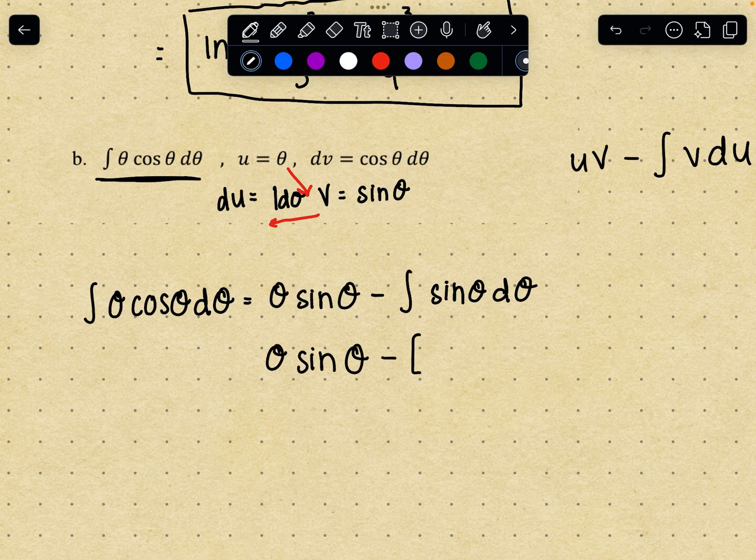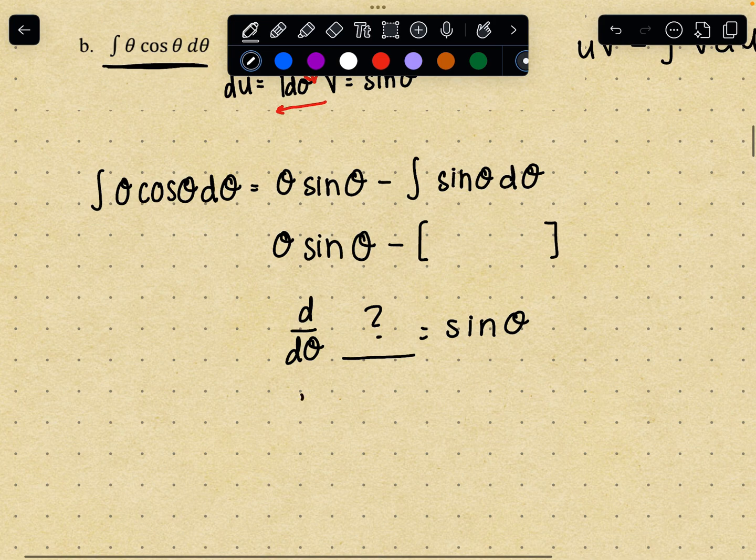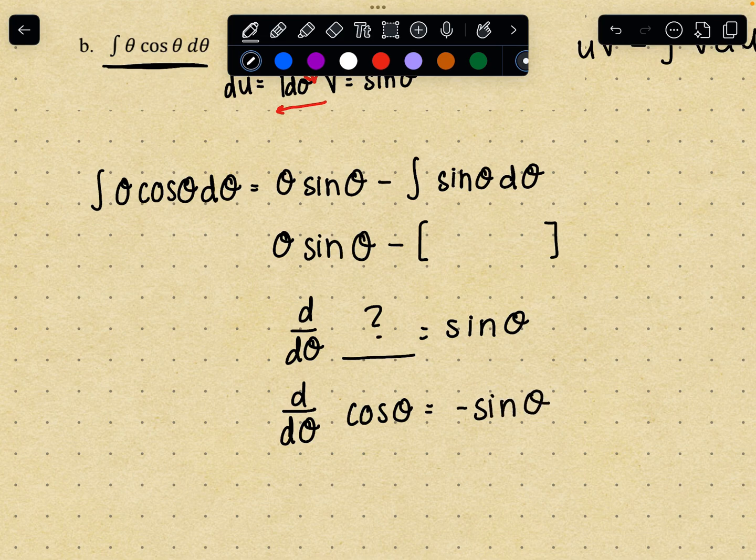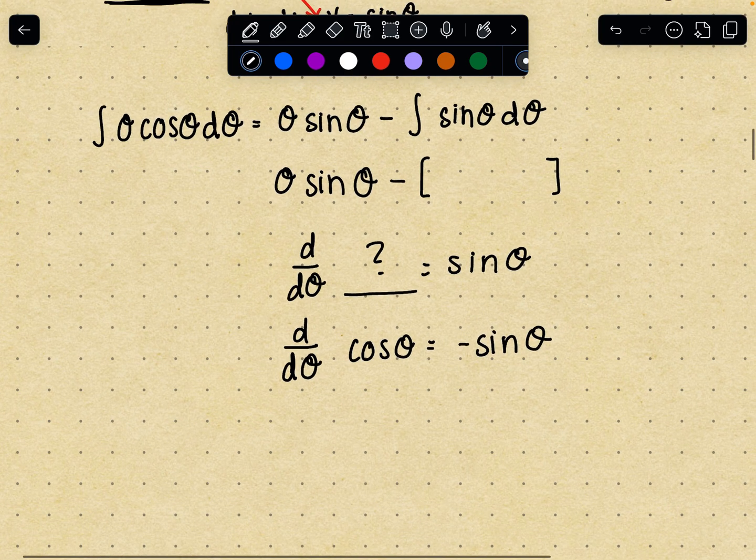So here, again, what we're doing is we're asking whose derivative is sine. Well, I know that the derivative of cosine is negative sine, so that must mean that negative cosine will give me a derivative of positive sine.